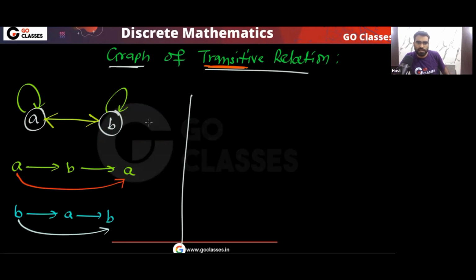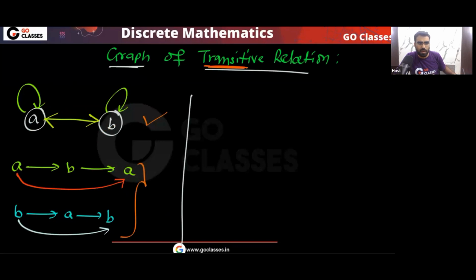Remember that in the graph of a transitive relation, if you have a bidirectional edge between two nodes, then those two nodes must have a self loop. And this is the reason.